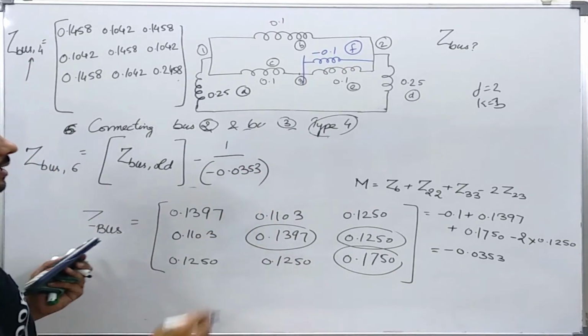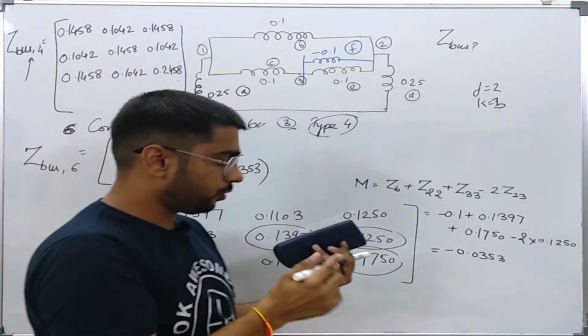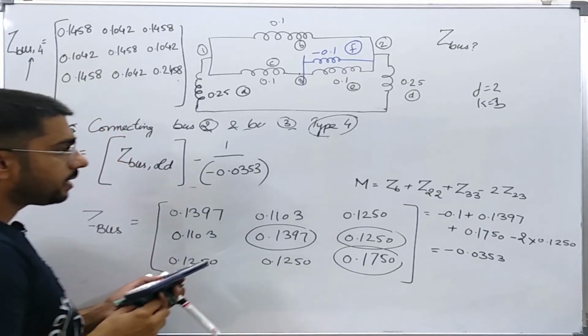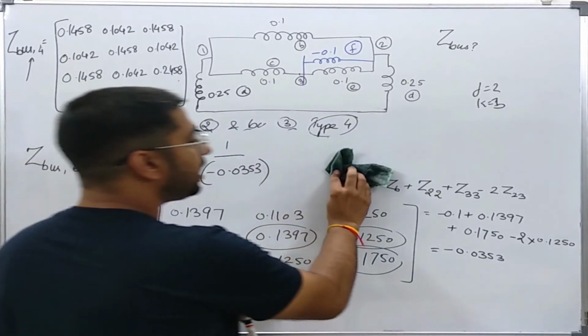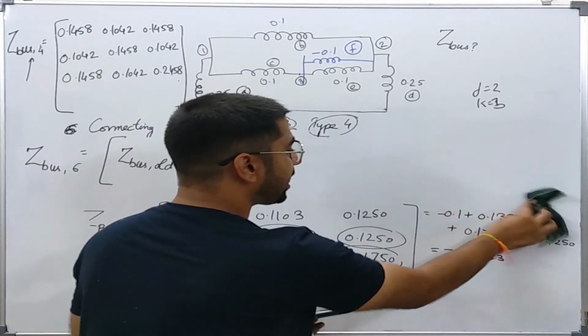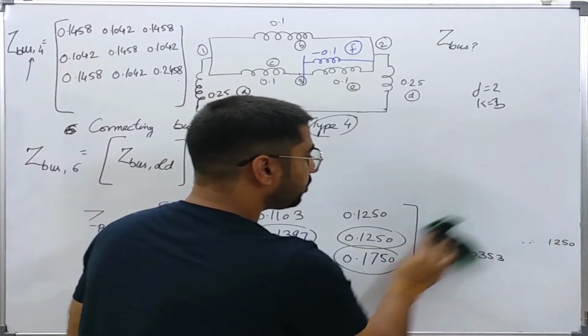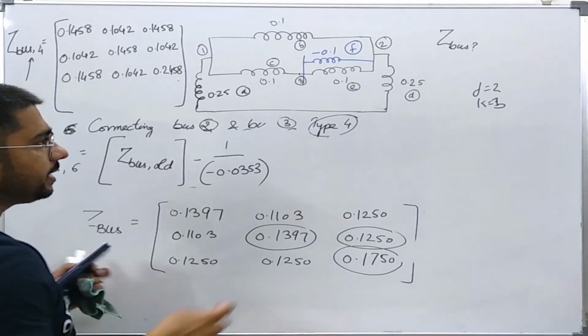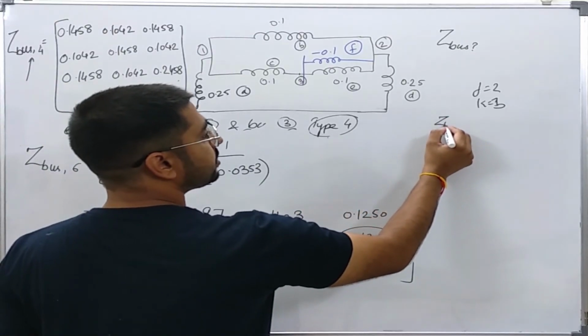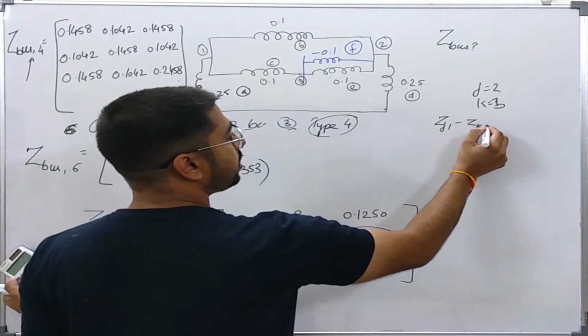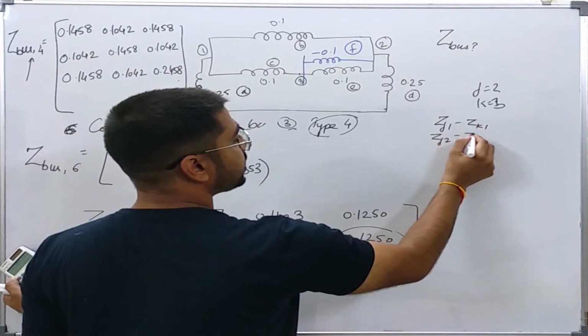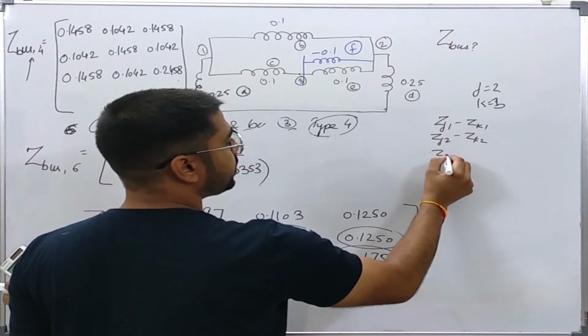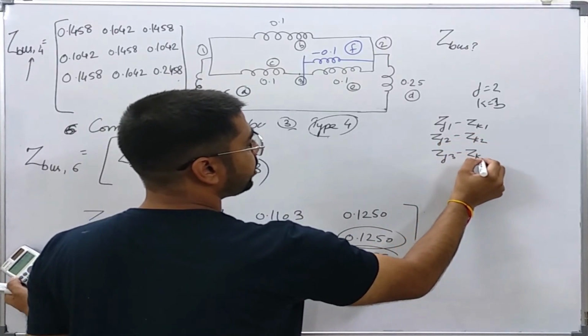Now I have to write matrix L and L transpose. You know that matrix L and L transpose are composed of elements which are simply ZJ1 minus ZK1, ZJ2 minus ZK2, ZJ3 minus ZK3.